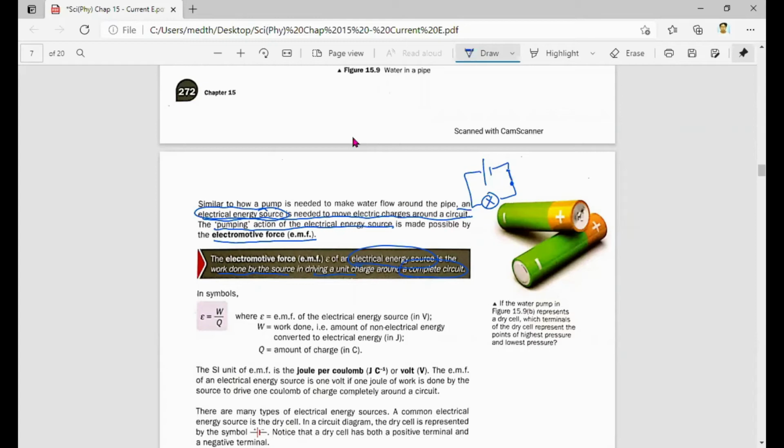This battery here will definitely have an EMF. The EMF is like a pump. It helps to drive the charge. All your batteries are like a pump to push the charges out and make them move.